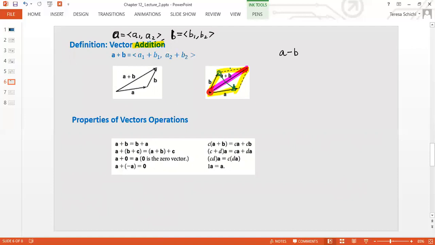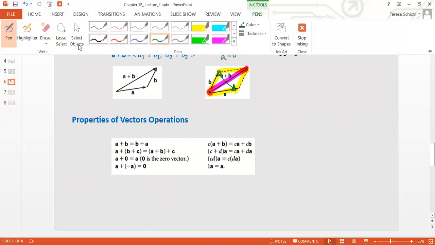So this green vector is A minus B. And you will say, why is that? Let me show you why.